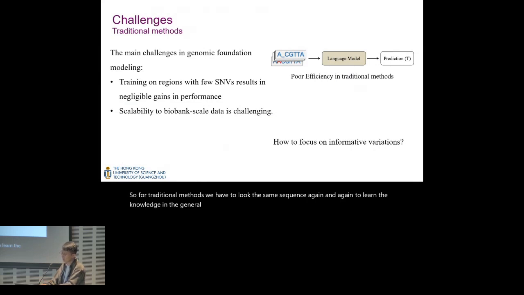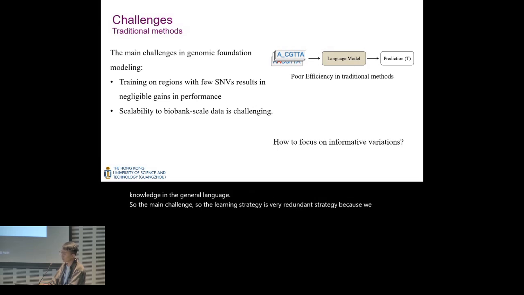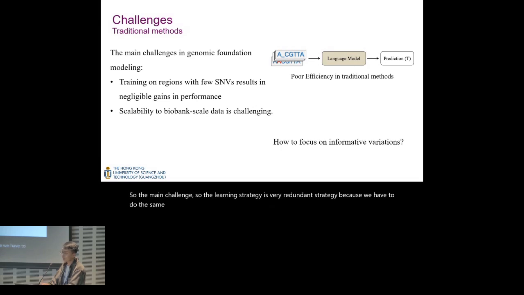The learning strategy is very redundant, and this will become more challenging when we move to larger datasets such as biobank data. So what we need is a way to focus on informative variants without sacrificing sequence coverage or biological fidelity.